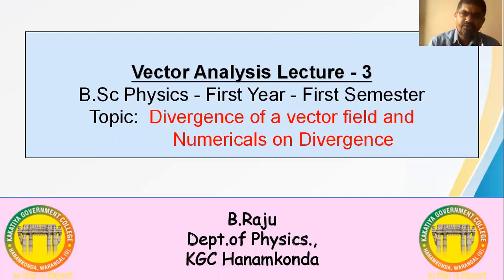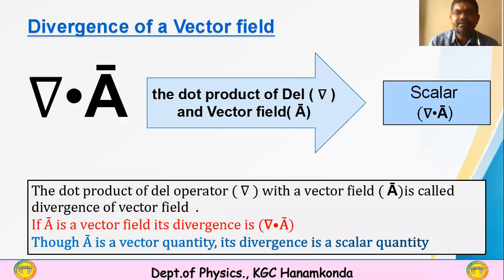Today, we are going to learn the divergence of a vector field. Here, mathematically, what we are doing is just operating the del operator on a vector field by dot product. That is called divergence of a vector field. In case of gradient, we operated del operator on a scalar field and got a vector field.